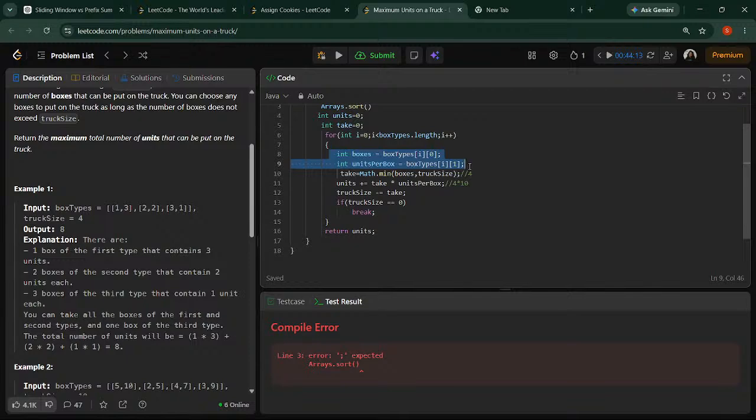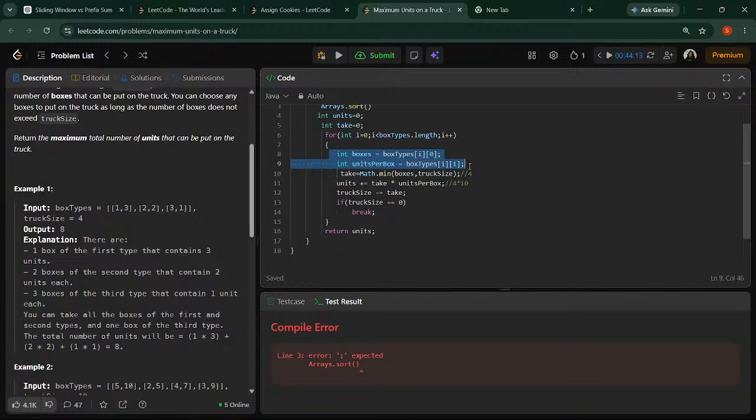Boxes are 2, units are 2, so we will take the minimum. We got a 4 capacity, but our truck size is 3 now and I need 4, so I should be taking the minimum. How many boxes do I have? 2 boxes. I will take 3 boxes, right?